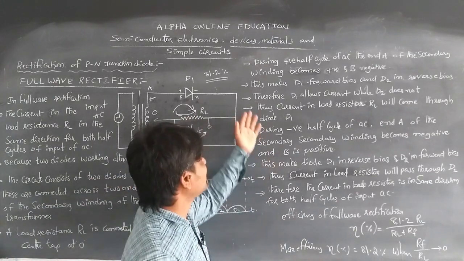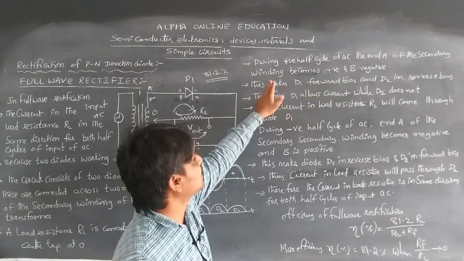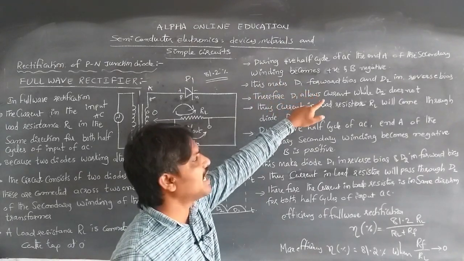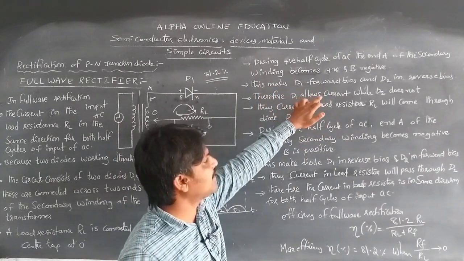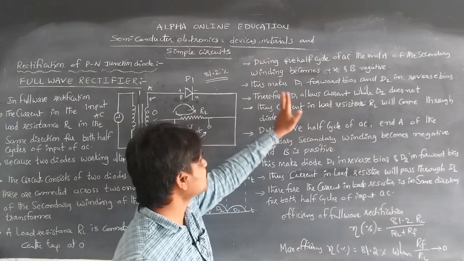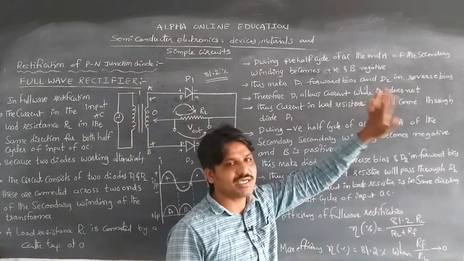Once again, during the positive half cycle of AC, the end A of the secondary winding becomes positive and B becomes negative. This makes D1 forward biased and D2 reverse biased. Therefore, D1 allows current while D2 does not.